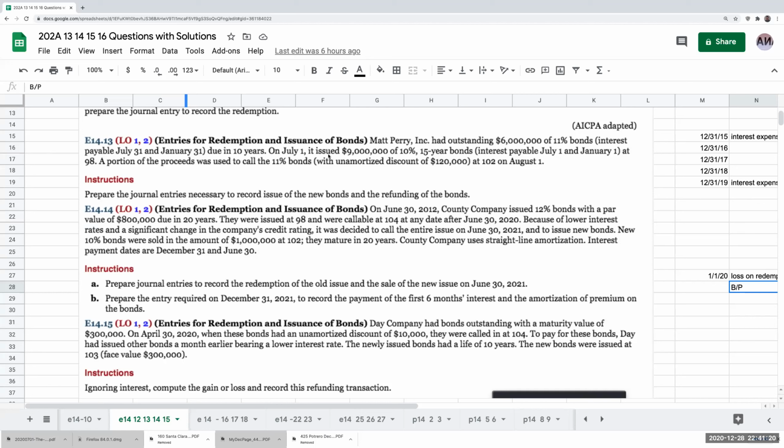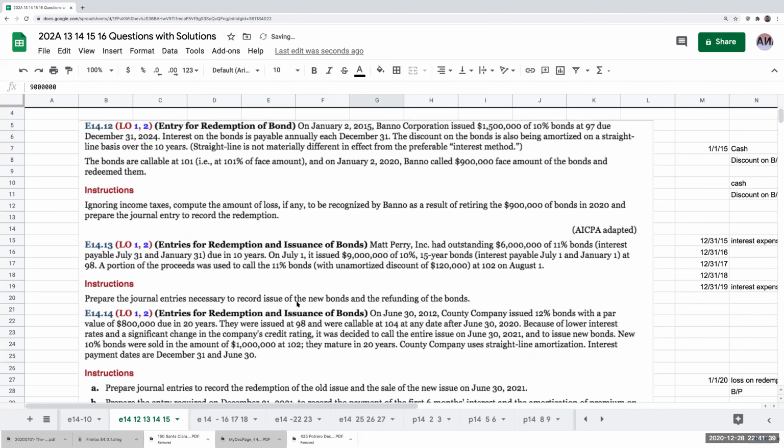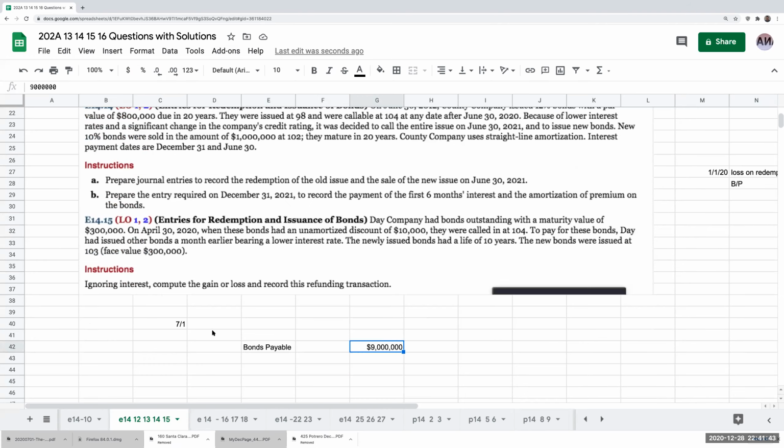Okay, so for this one right here, let's go ahead and deal with the issuance of the new bonds. On July 1st, we issued 9 million. So we debit cash and credit bonds payable. Our bonds payable is always going to be at the face value. The amount of cash we received by issuing these bonds is at 98, so 98% of this.